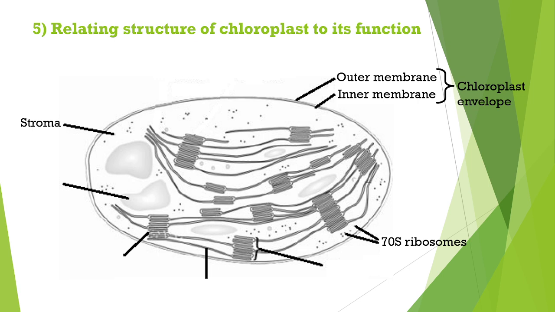Right? Okay, so inside the stroma there are also the ribosomes, 70S ribosomes, the ones that are similar to the prokaryotes. We have the granum that is formed by the thylakoid membrane, right? So the thylakoid forms the membrane found in the granum, and we also have the intergranal lamellae.